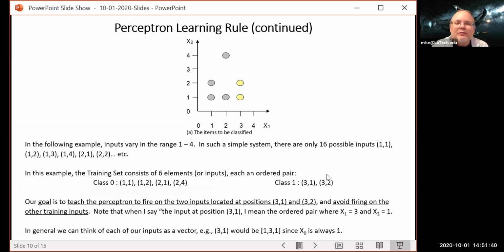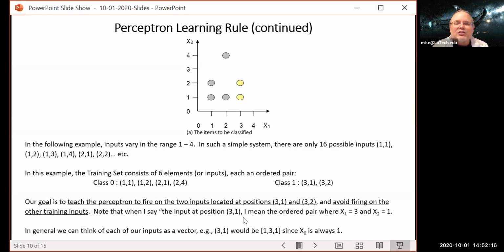It's exactly the same information as just listing the input points and what class they belong to, okay? And we want to teach this perceptron to learn this. And then we're going to give it new inputs and ask it to tell us what class those inputs probably belong to. So our goal is to teach the perceptron to fire on the 2 inputs located at positions (3, 1) and (3, 2), and to avoid firing on other training inputs.